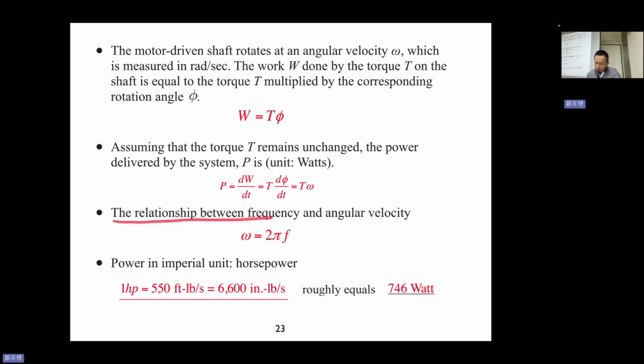So what is the relationship between frequency and angular velocity? What is frequency? Frequency is how many rounds in 1 second, or per unit time.